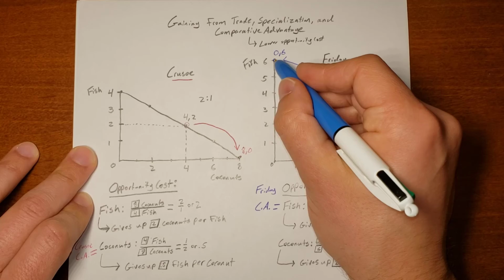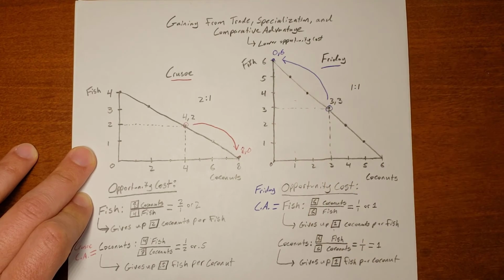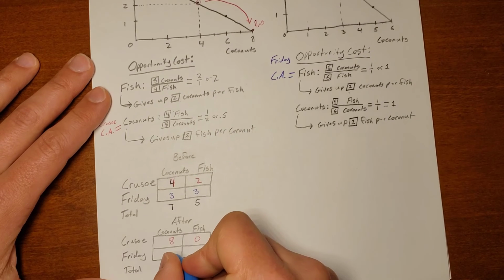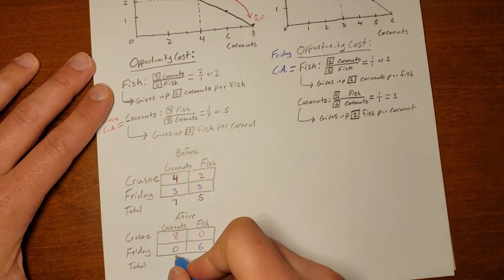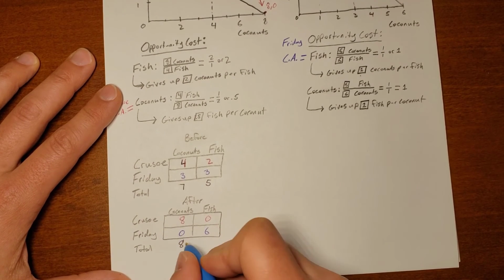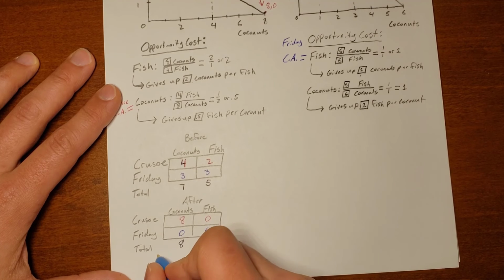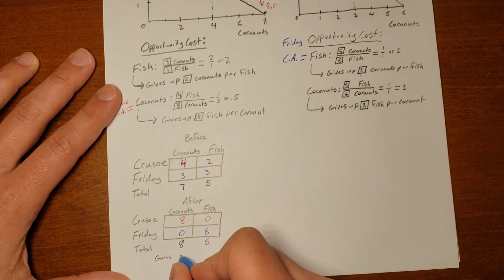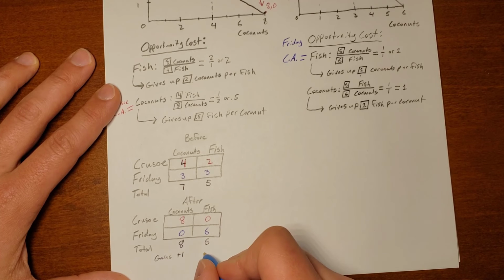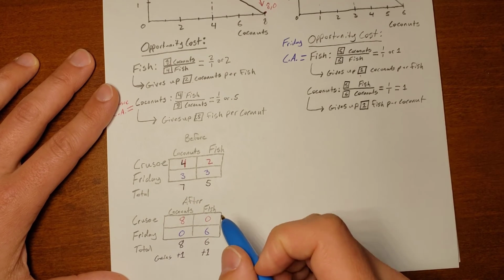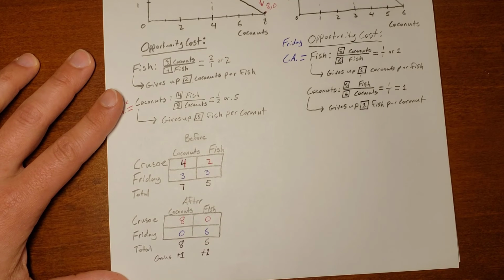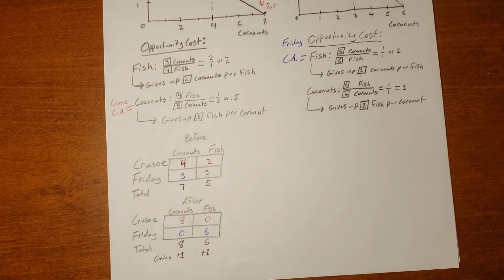Friday is producing 0 coconuts, but 6 fish, making for a total of 8 coconuts and 6 fish. They've actually gained 1 additional coconut and 1 additional fish. Because with the production of coconuts and fish going to the lowest opportunity cost producer, the end result is that they can actually produce more combined.